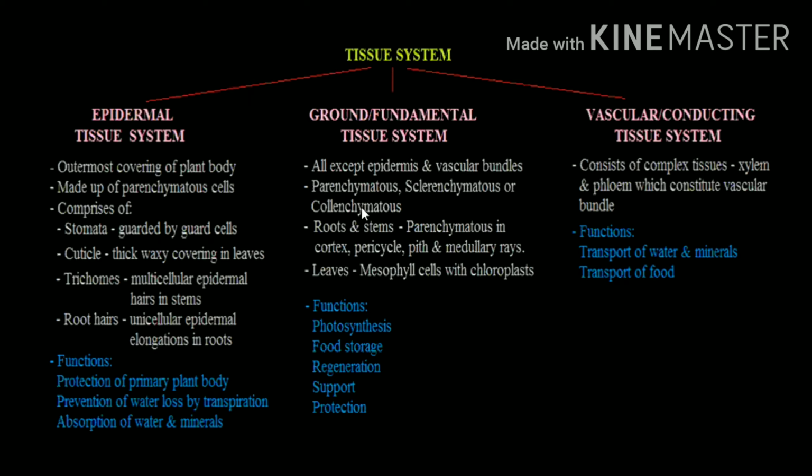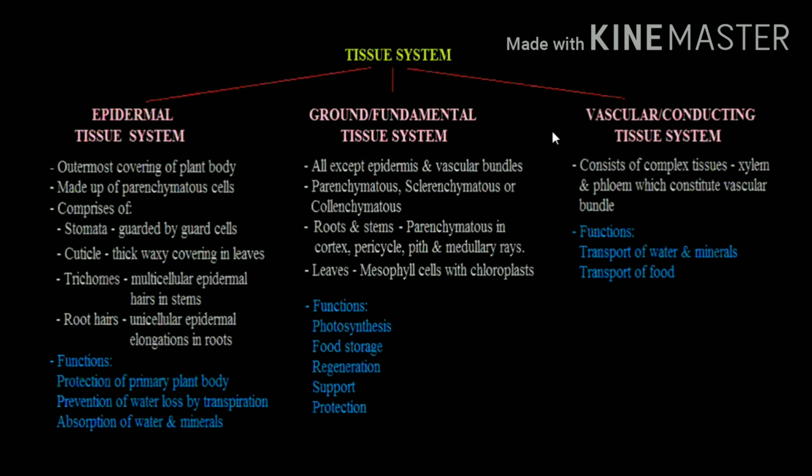Parenchyma is a very common one, and it is seen in the root and stem, in the cortex, pericycle, pith, and the medullary rays. In the leaves, the ground tissue system is made up of mesophyll cells with chloroplasts. The general functions of the ground tissue system include photosynthesis, food storage, regeneration, support, and protection.